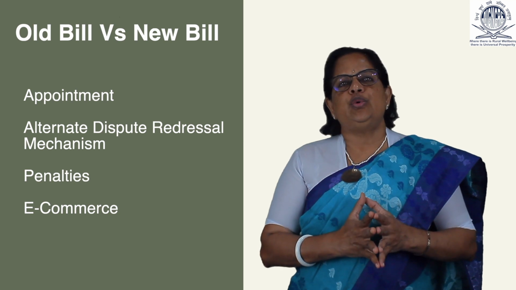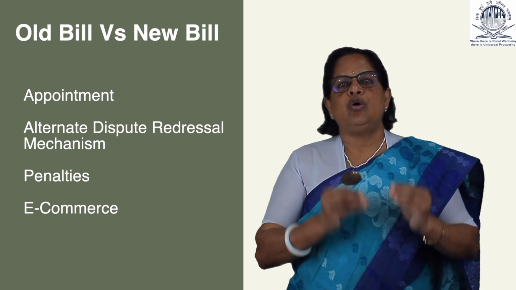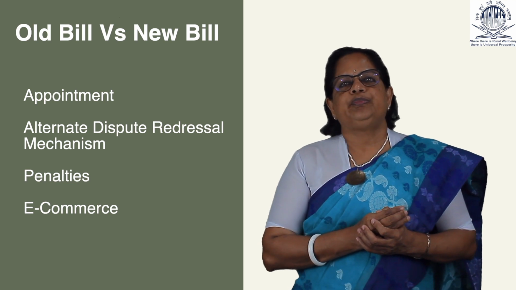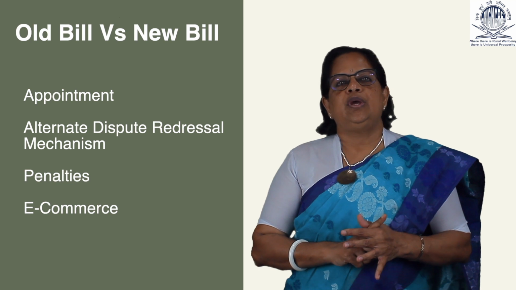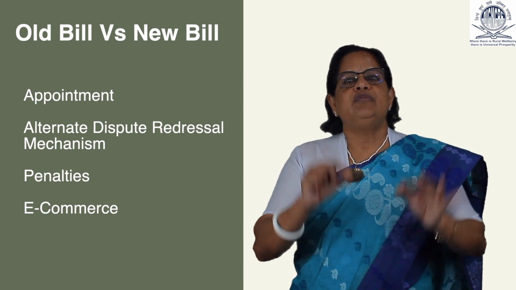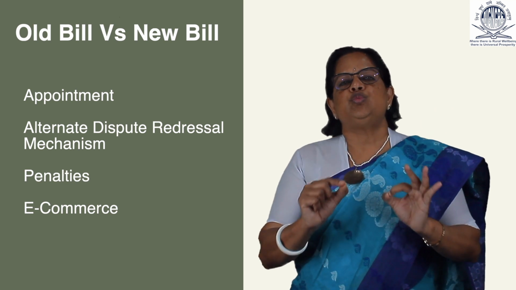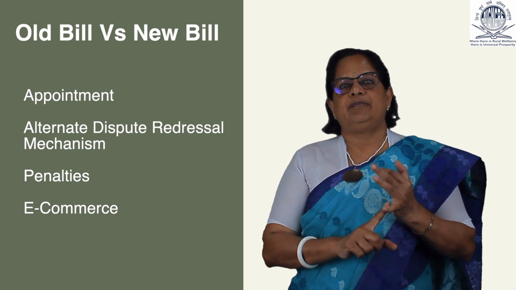But as per the new Act, if a person does not comply with the orders of the commissions, he may face imprisonment up to 3 years or a fine not less than rupees 25,000, which can be extended to rupees 1 lakh or both. That means imprisonment and the fine.